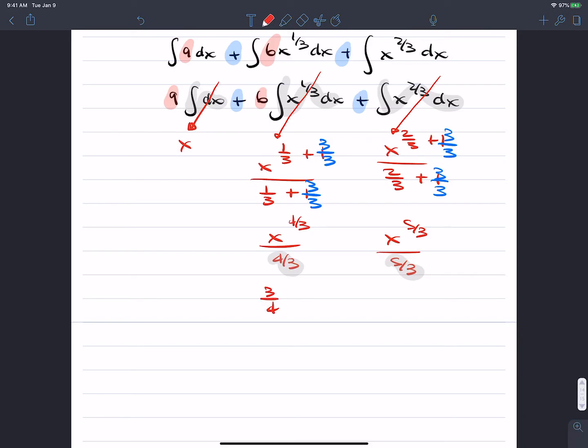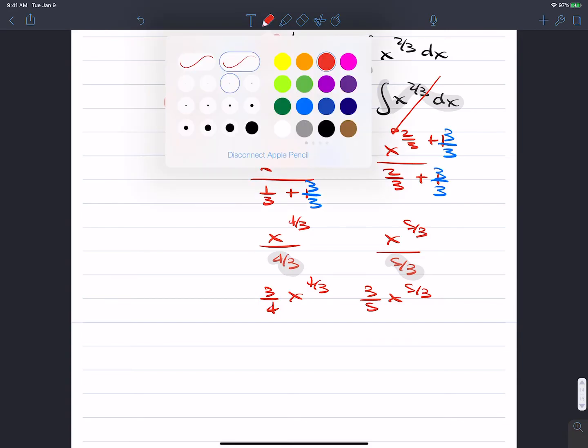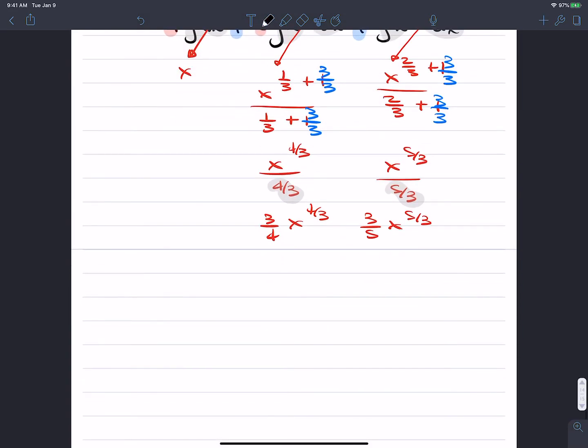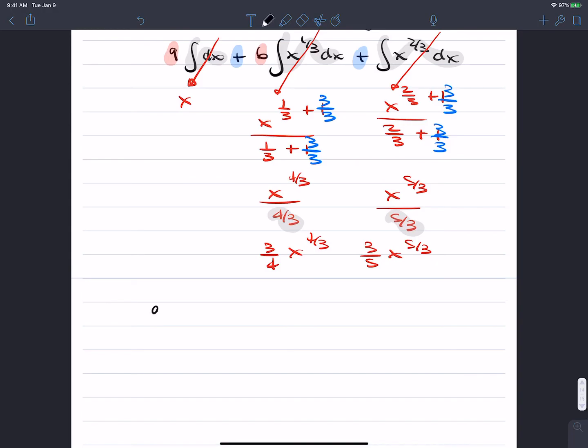So it's 3/4 x to the 4/3, 3/5 x to the 5/3. So let's put this all together. We get 9x plus 6 times 3/4 x to the 4/3 plus 3/5 x to the 5/3 plus our constant c.